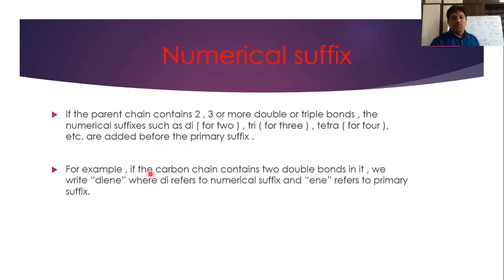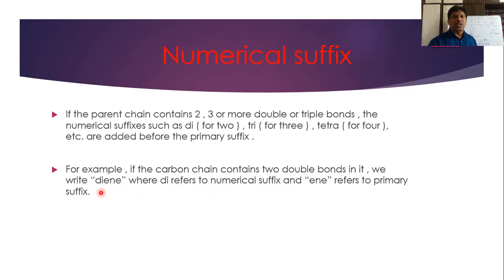For example, if the carbon chain contains 2 double bonds in it, we write diene. Di is nothing but the numerical suffix, and ene is the primary suffix. So before the primary suffix, the numerical suffix is added. In all organic compounds, the numerical suffix need not be present.